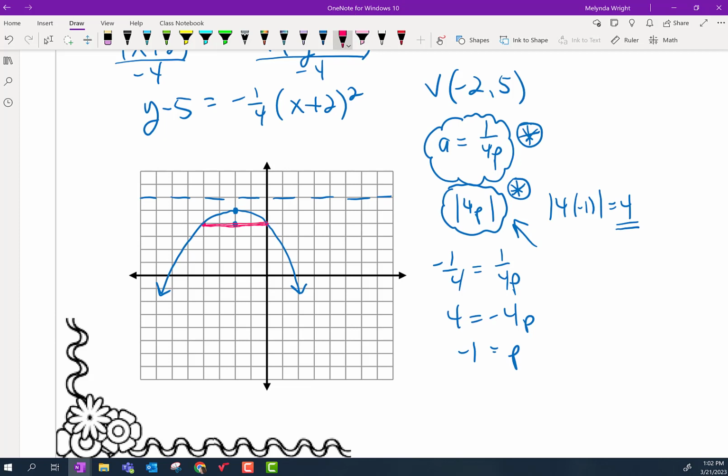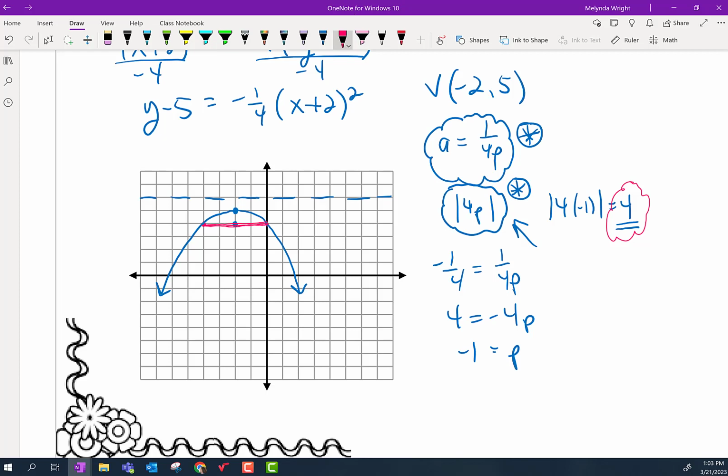So that's the significance of this 4. It tells us how wide to draw the parabola. And the 4 is the total distance. That's why we go 2 on either side instead of 4, because that number, whatever it happens to be, is the total distance between the edges, the little points of the parabola. Okay? Any other questions?